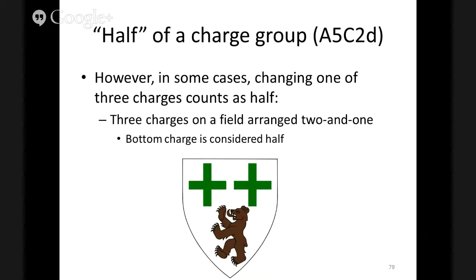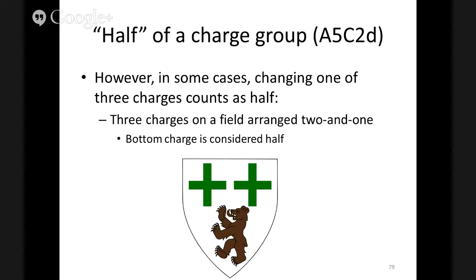Okay. So if we were going to compare this to another field, the bottom charge in a 2 and 1 arrangement counts as half of the charges. So if we change something about the bear, that counts as changing half the charge group. If we change one of the crosses, it does not. Okay? Special rule for certain groups of 3.